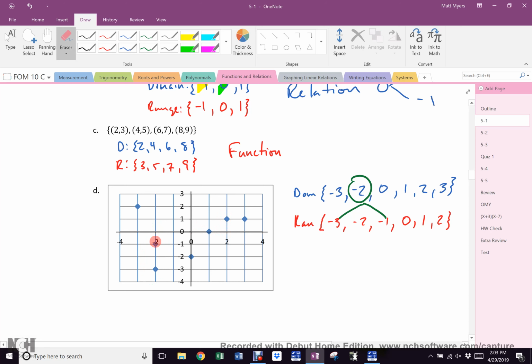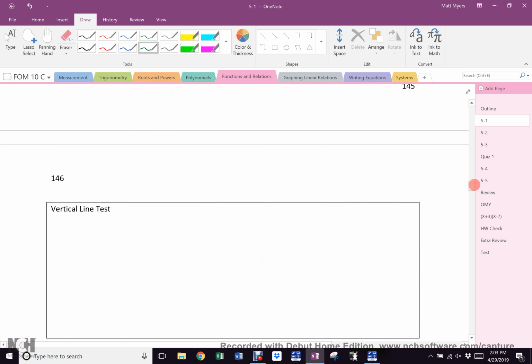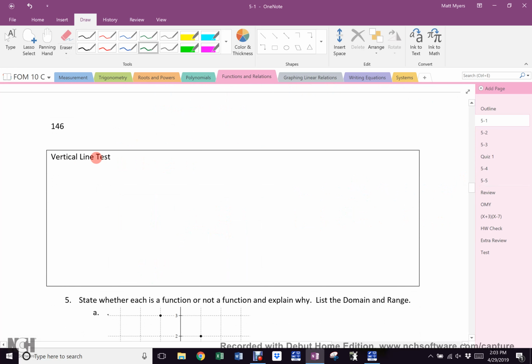All right, now that, when you turn the page over, gives you this handy test. A vertical line test. If you've got a graph, any graph, okay?